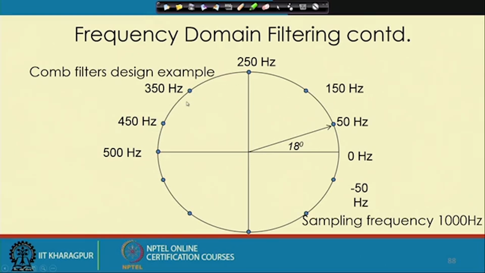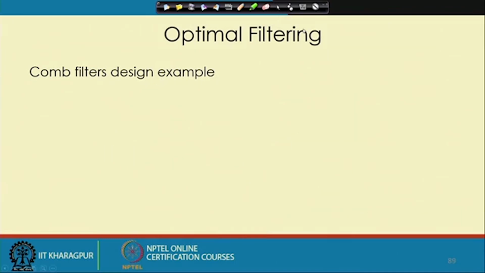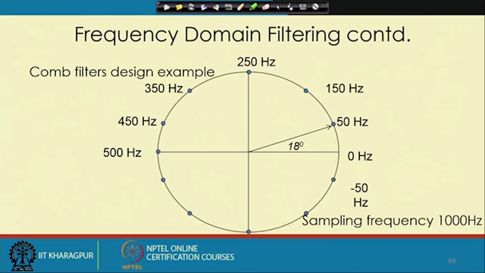All the zeros and the corresponding conjugate pairs of zeros are given in the pole-zero diagram. So, that is how we show frequency domain filtering and the notch filter, and we complete this session. Thank you.